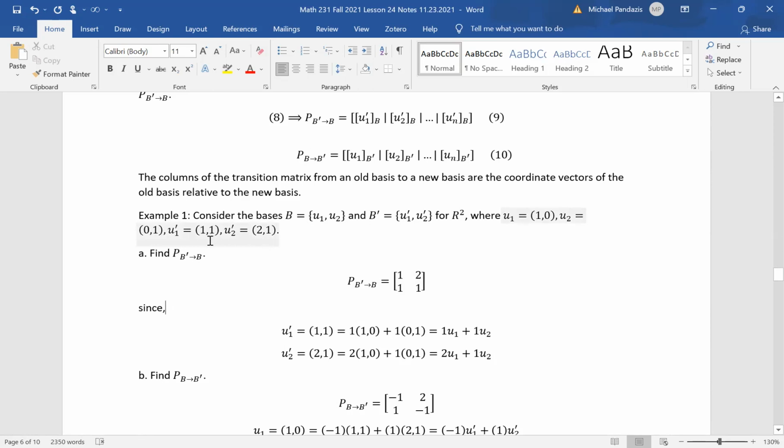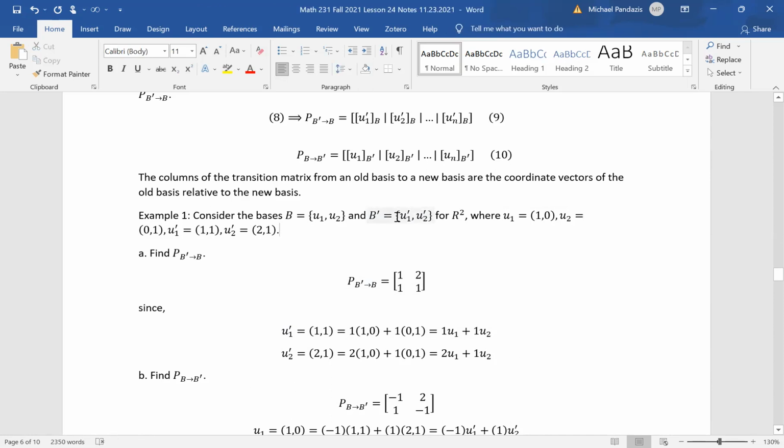We want to take the first old basis vector, which is U1 prime. See, it's a transition matrix from B prime to B. So here, B prime is the old basis, B is the new basis. The basis vectors in the old basis are U1 prime and U2 prime.